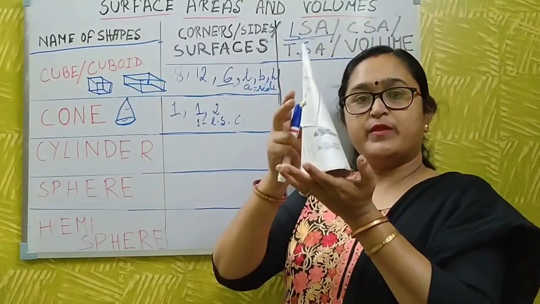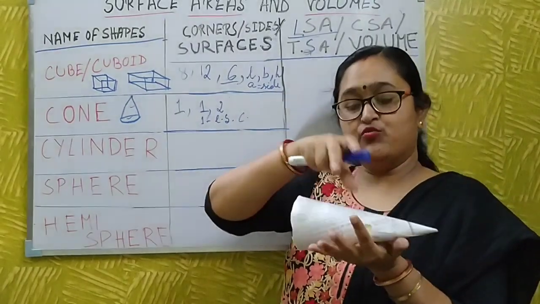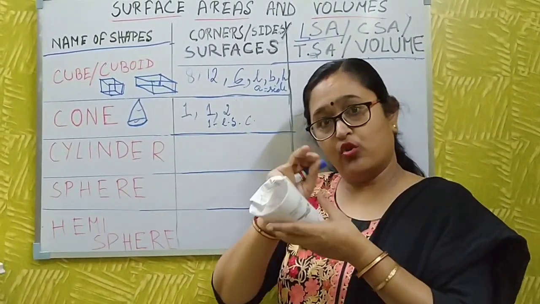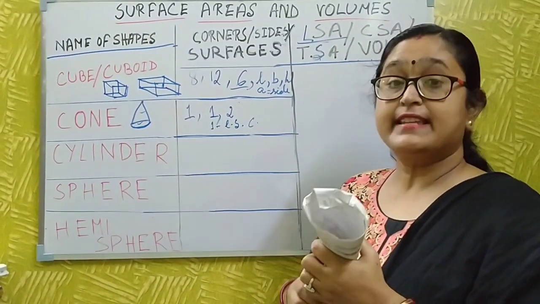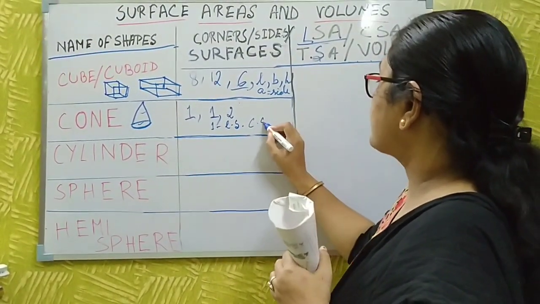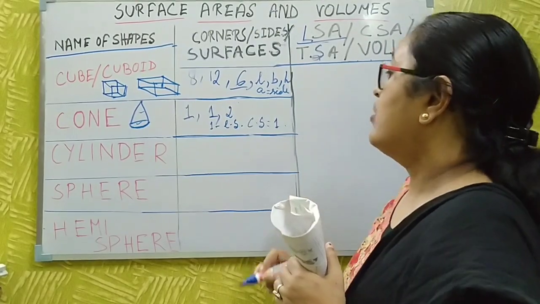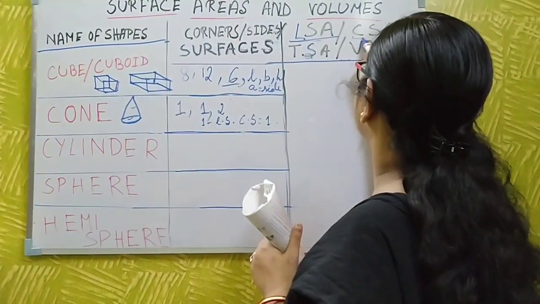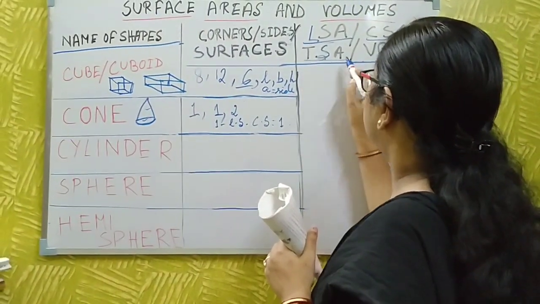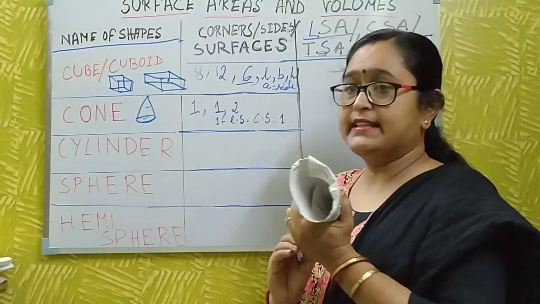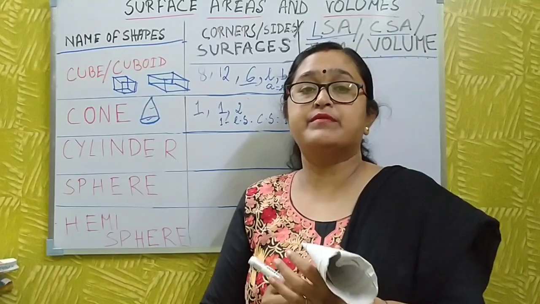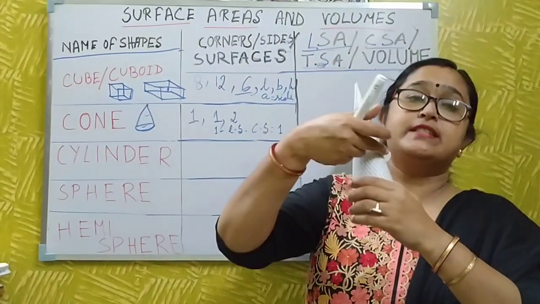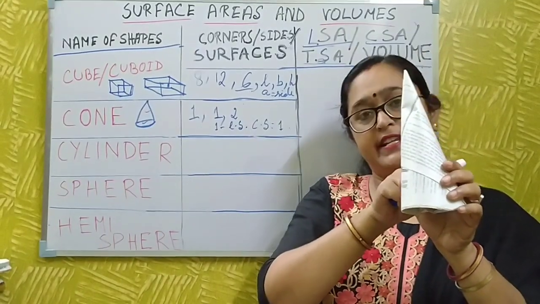The curved surface is the one you can roll. Where the surface is rolled, this is the curved surface. How many curved surfaces does the cone have? One. Now I discuss the curved surface area and the total surface area. The curved surface area, this is the curved surface area.